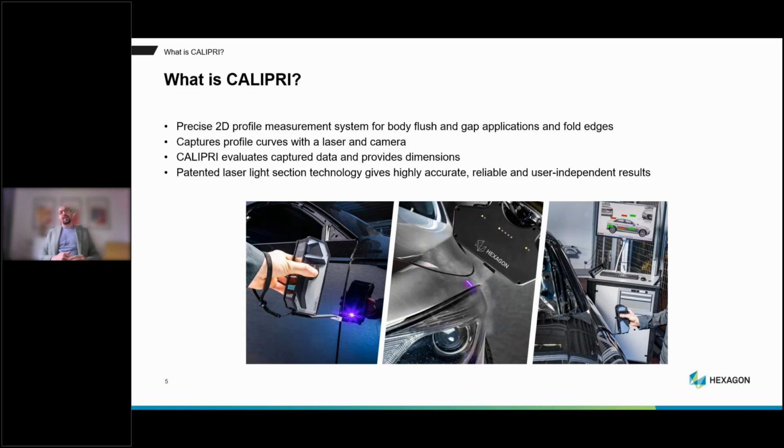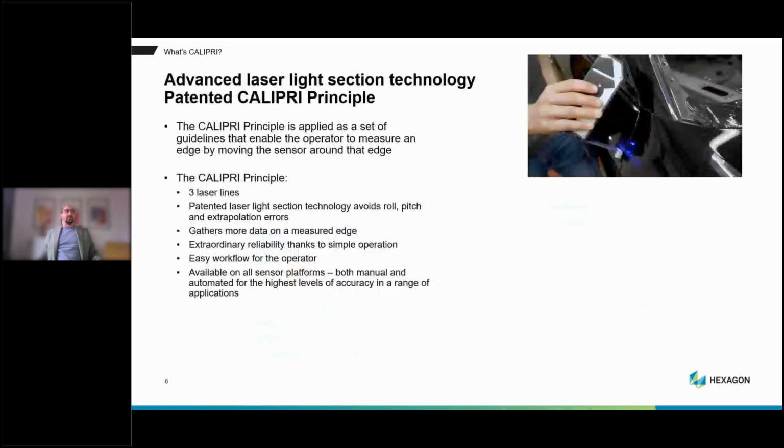So we take a cut out of a profile, display this profile, evaluate it for you, and give you values, repeatable, user-independent values out of it. CALIPRI captures profile curves with a laser and a camera. I come to that in the next slide and explain it a bit more how that works. CALIPRI evaluates and captures data, provides dimensions. It's a patented laser light section technology which gives highly accurate, reliable, and user-independent results.